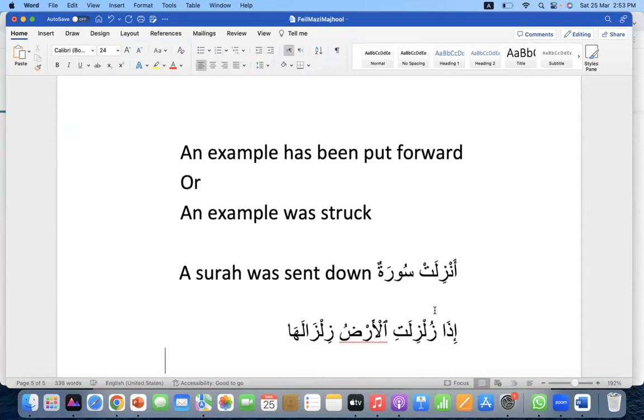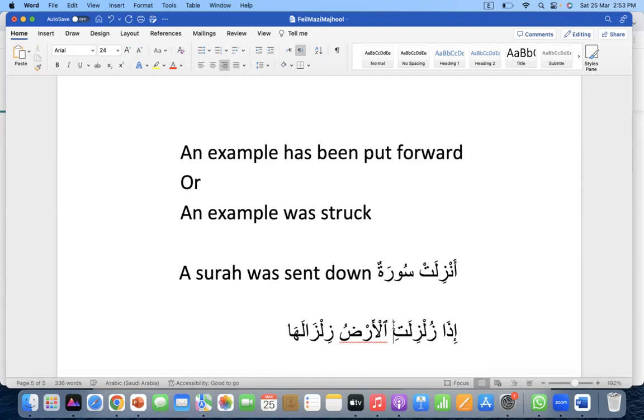Iza means when. Always remember this. Zulzilat, basically, it was Zulzilat. But when we recite, for making the pronunciation smooth, the sukun is turned into kasra.